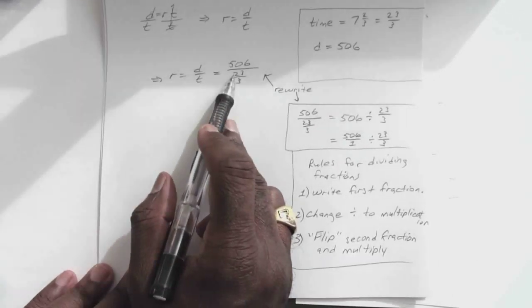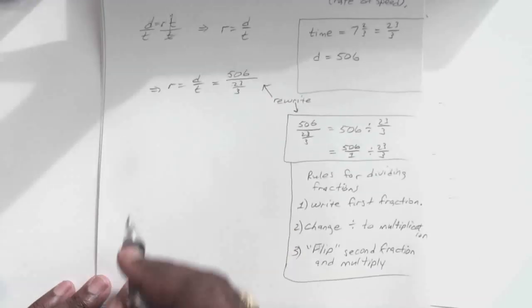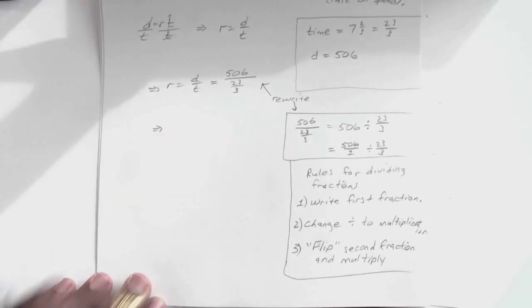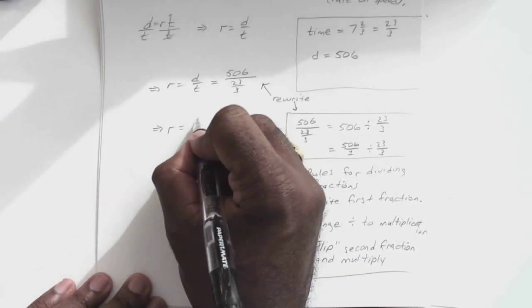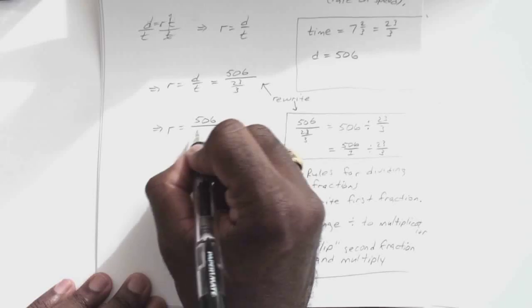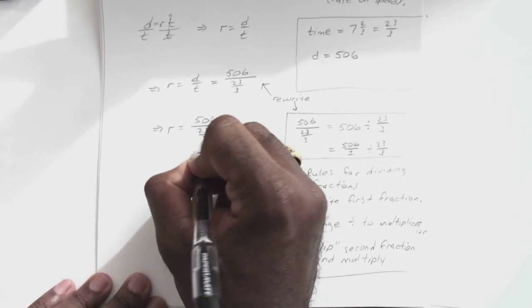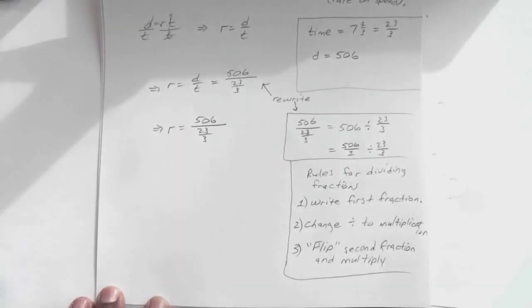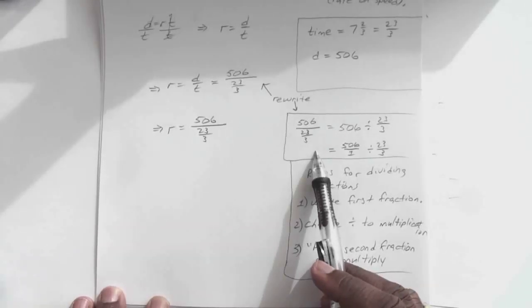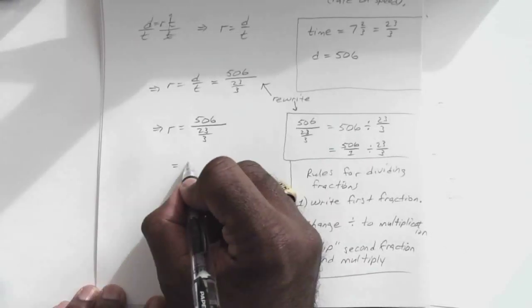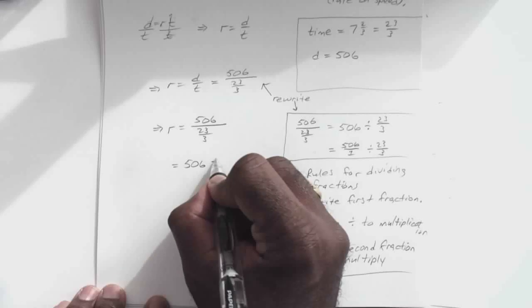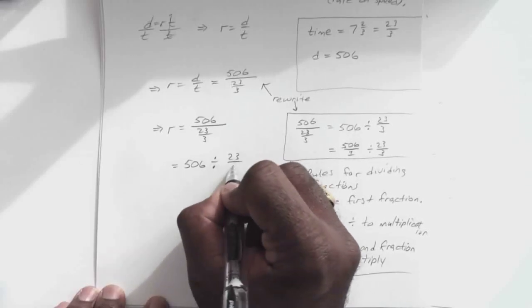Okay, so that means since we started off here, you go ahead and rewrite it. So we know that the rate is 506 divided by 23 over 3. Okay. So the first thing we did, we rewrote it this way. So we're going to make that 506 divided by 23 over 3.